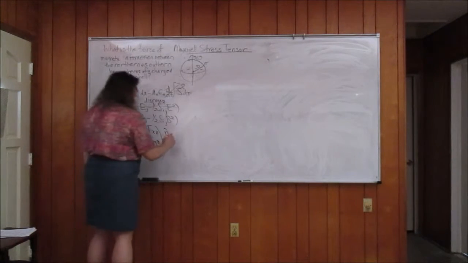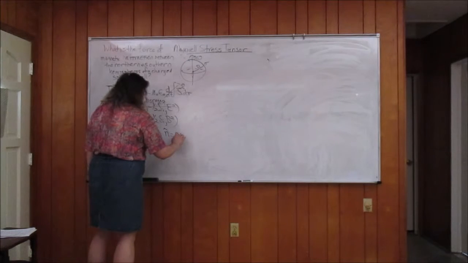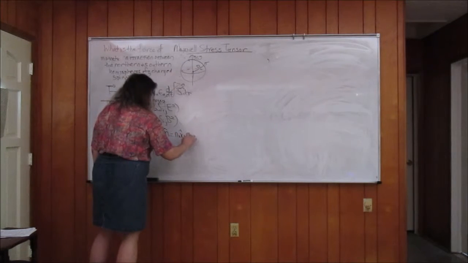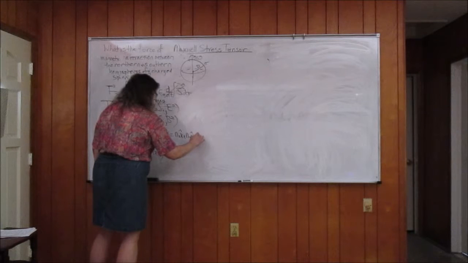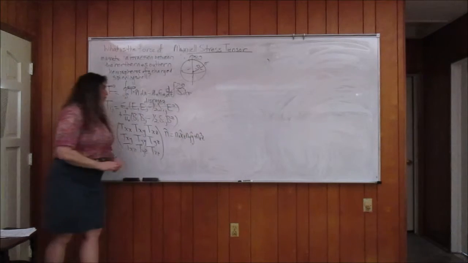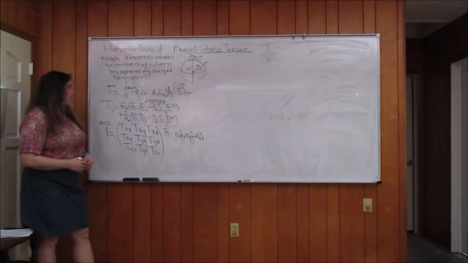in nauseating detail. So I'm going to write my normal component in terms of its x, y, and z components. Okay?